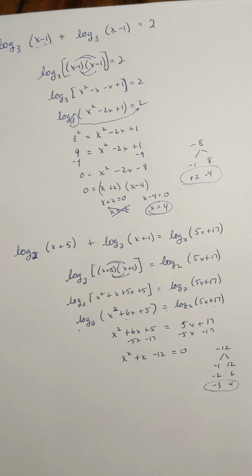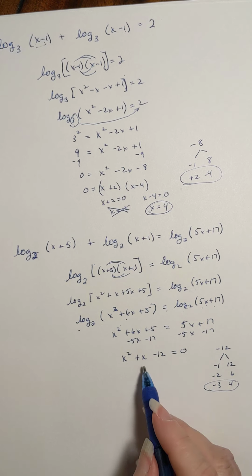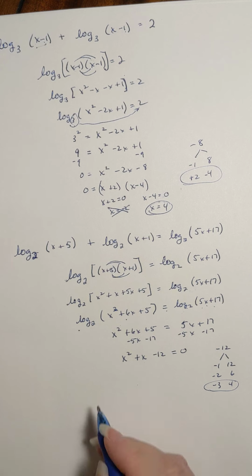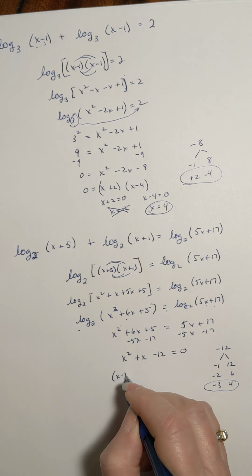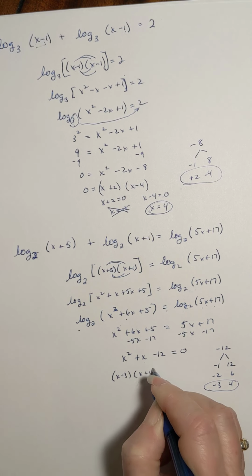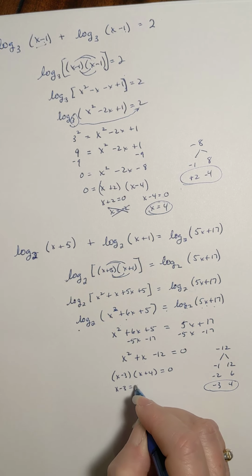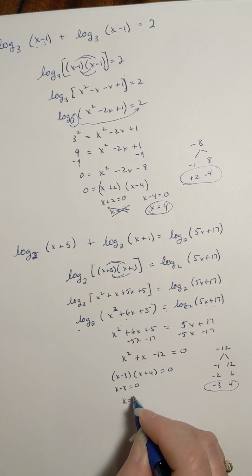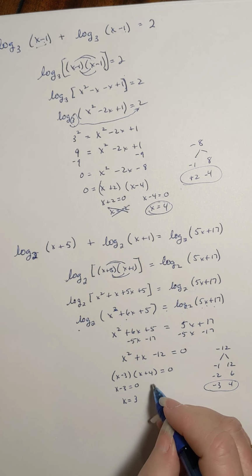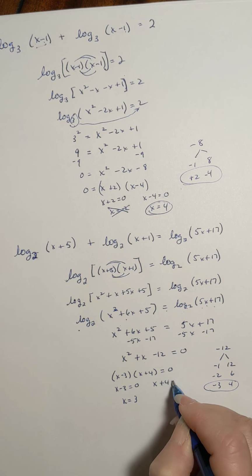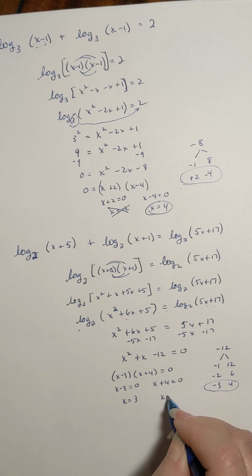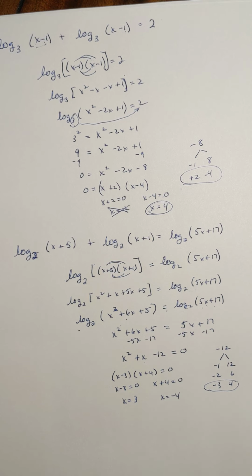And negative 3 times 4 gives me 1, and that's what I'm looking for. So I have x minus 3 times x plus 4 equals 0. So if x minus 3 equals 0, x equals 3, adding the 3 to both sides. If x plus 4 equals 0, subtract the 4, you get x equals negative 4.